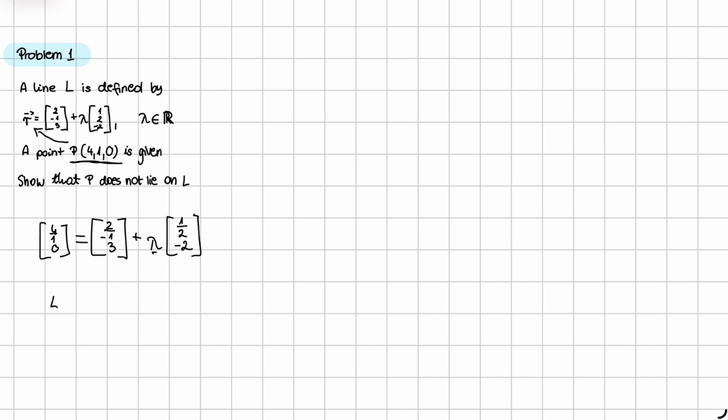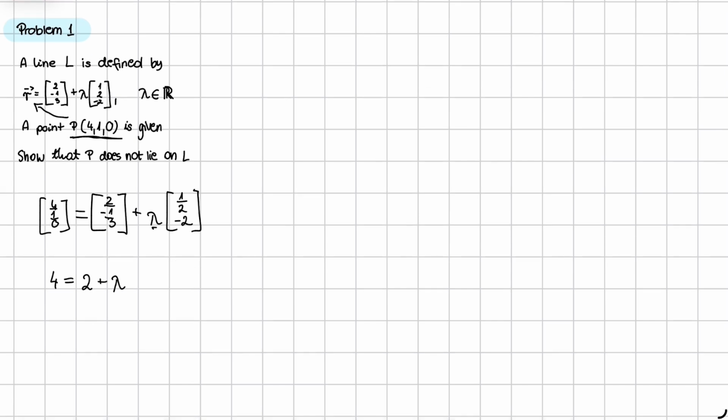So we have 4 equals 2 plus 1 times lambda, so just lambda. Second coordinate is y coordinate, so 1 equals minus 1 plus 2 lambda, and third coordinate is z coordinate, so 0 equals 3 plus minus 2 times lambda, so minus 2 lambda.